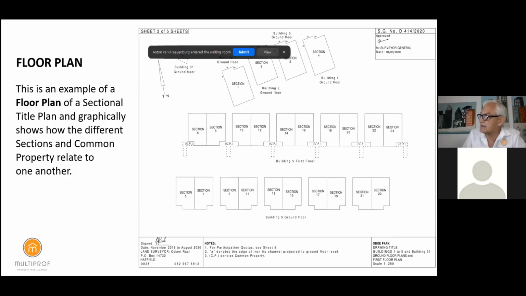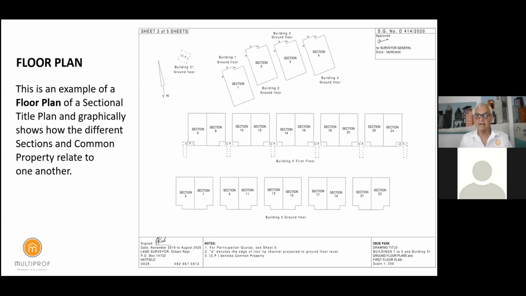So let's say in this case there was a carport in front of section 6, and you can't find any references on the sectional title plan or any references to it in the rules of the complex, then it does not belong to the seller.